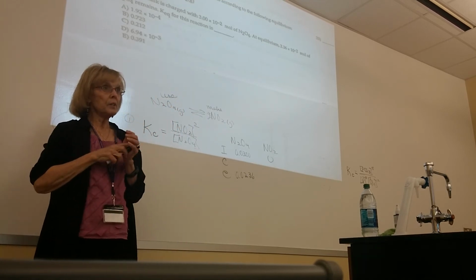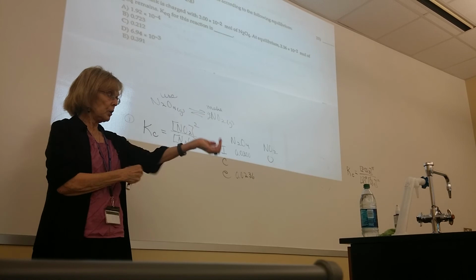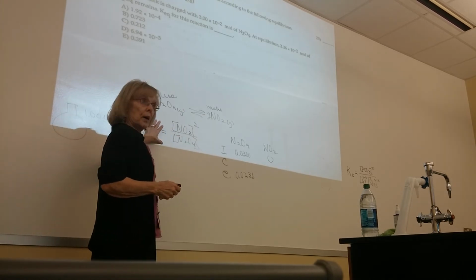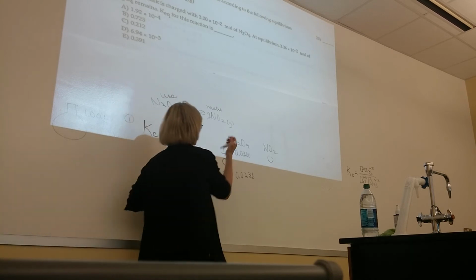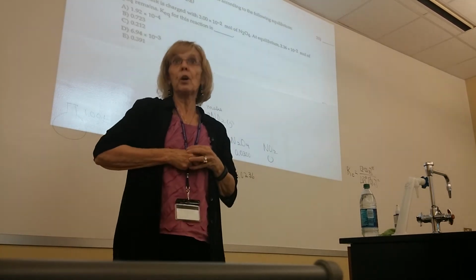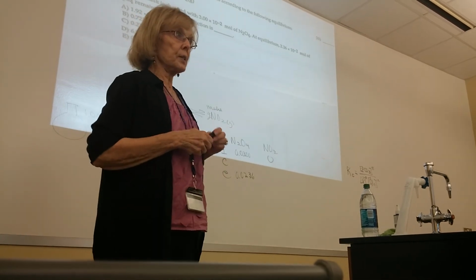When you're doing a difficult, challenging equilibrium problem, step 1, you want to write this. Step 2, think initial is in there somewhere. You need your ice table. Let's call that step 2.